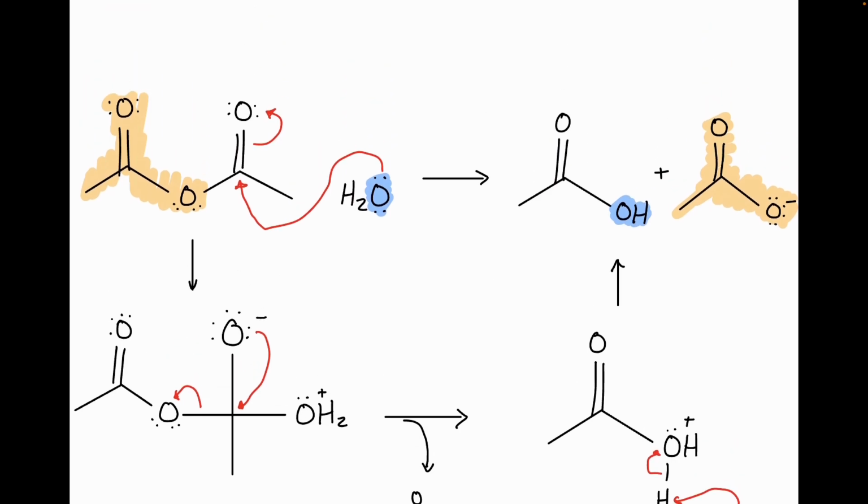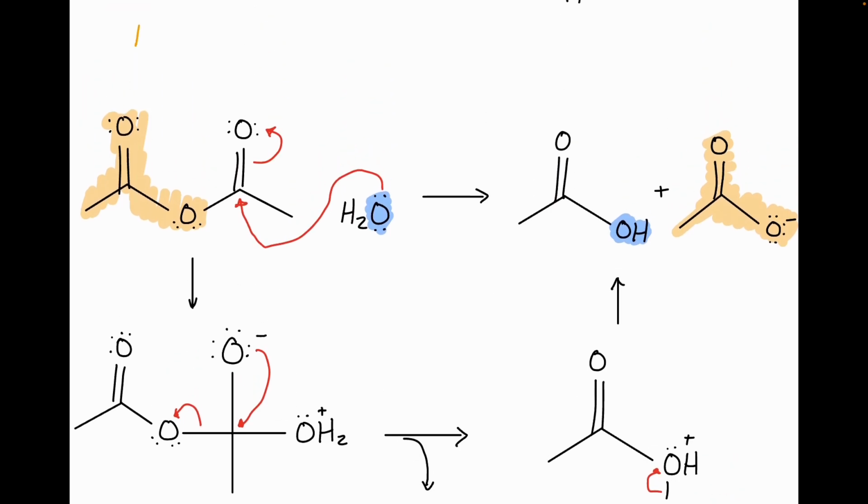All right, so importantly with these acid anhydrides, our leaving group is a carboxylate ion. And why are carboxylate ions good leaving groups?